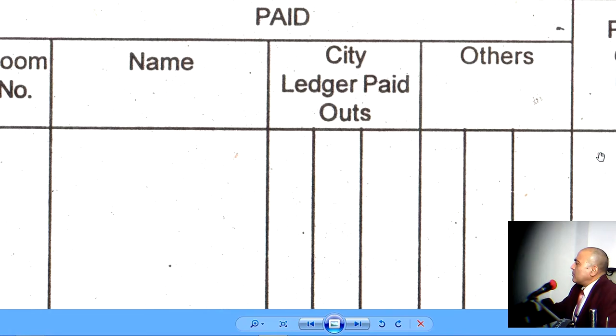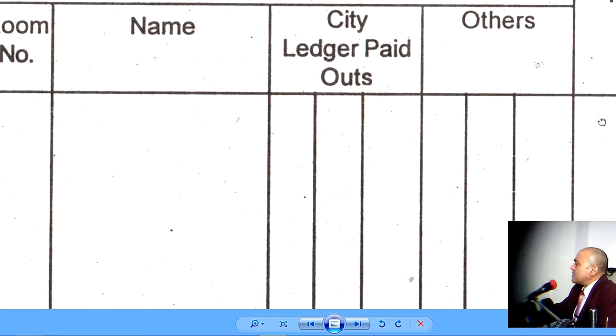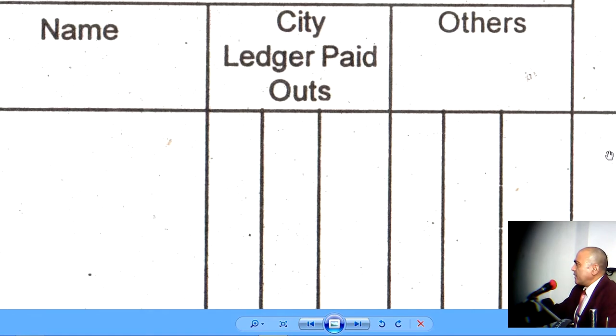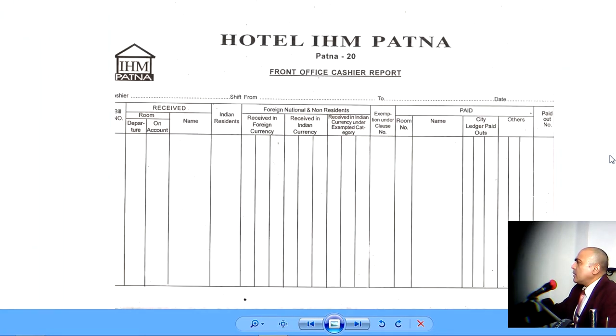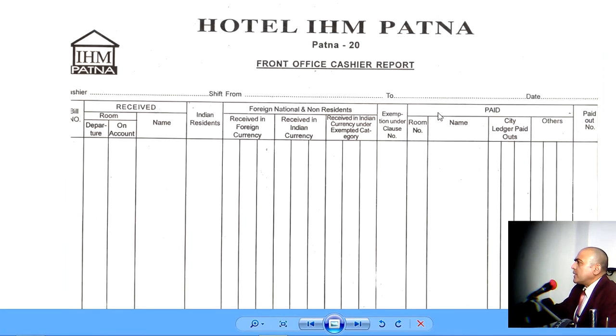So with the help of this cashier's summary report, let me zoom in now and show you that in a very simple way, the cashier knows how much money he has received in Indian currency from Indians, how much money he has received from foreigners in foreign currency and in Indian currency, and finally, how much money he has paid.